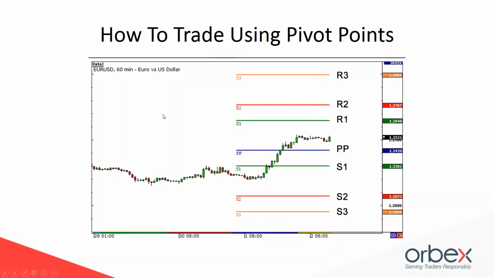My favorite levels are always the third resistance and the third support, because this is what I usually try to wait for. I would love to wait for the trade to come to me rather than rush into the market before news, after news, whatever.